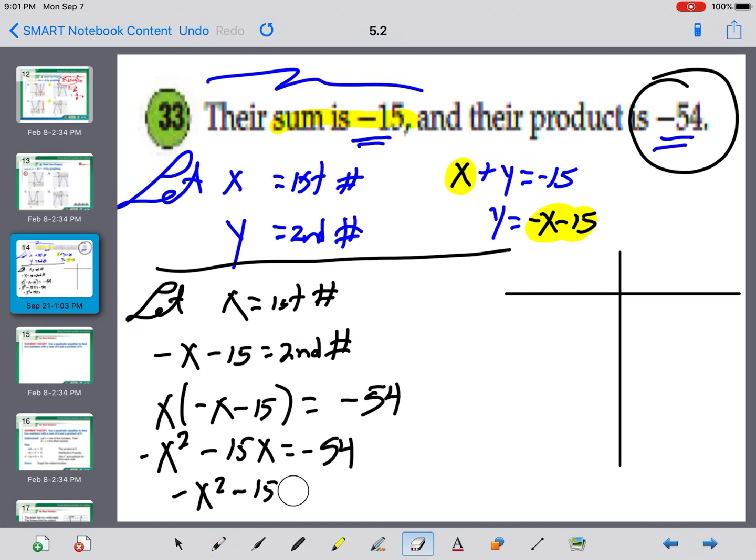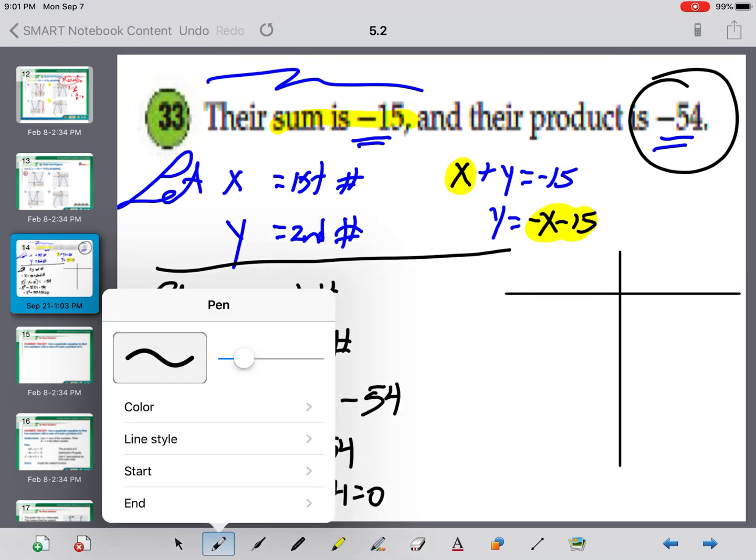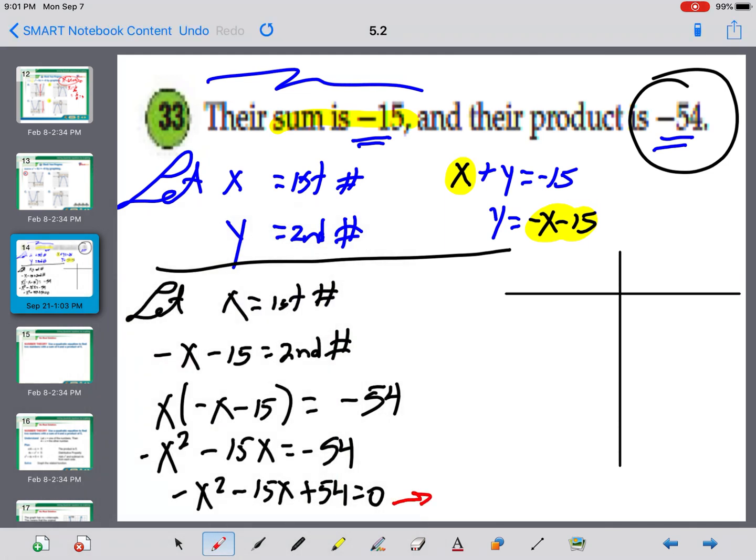Negative x squared minus 15x, and if I bring the 54 over, it's plus 54 and equal to 0. The reason I made that mistake twice right there is because I was thinking of what I was going to do next. I don't want to open down, although I can do the open down, but I'm going to multiply everything by negative so that it opens up. And so I get that.